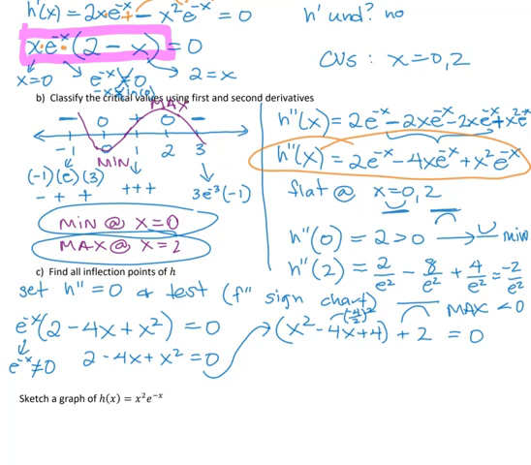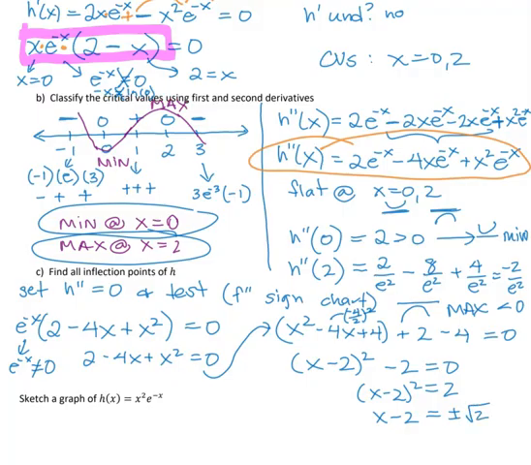And then if you're going to add 4, you also have to subtract 4. So I end up with x minus 2 squared. That's the whole point, it makes a perfect square. And then minus 2. So we can add the 2 to the other side. X minus 2 squared equals 2. And then we can square root both sides. X minus 2 equals plus or minus the square root of 2, which means x equals 2 plus or minus the square root of 2.